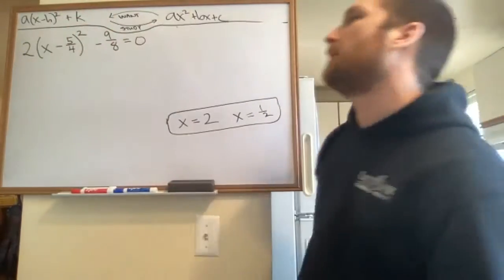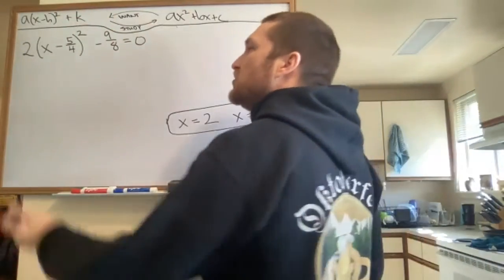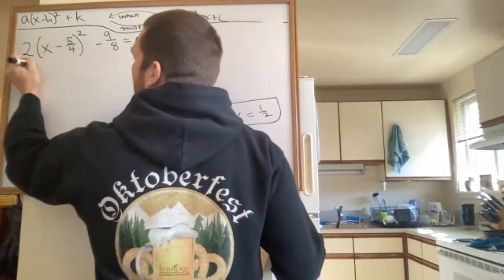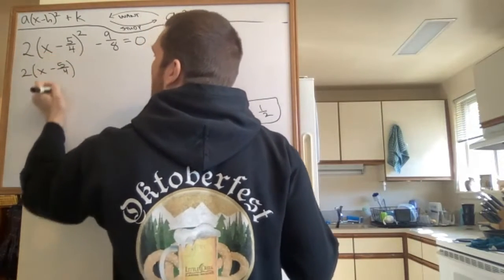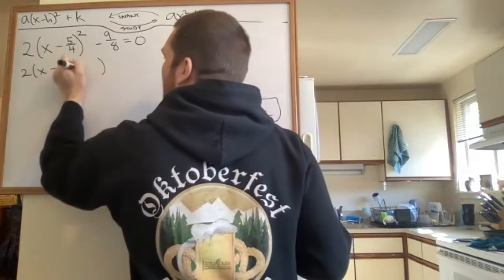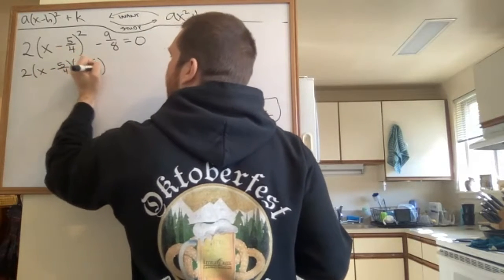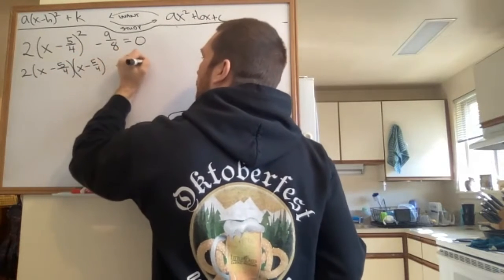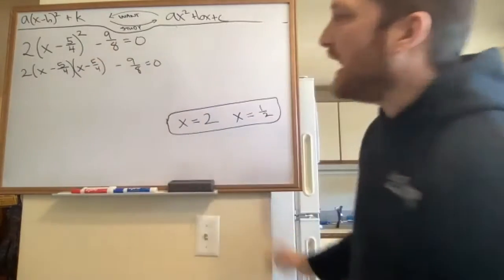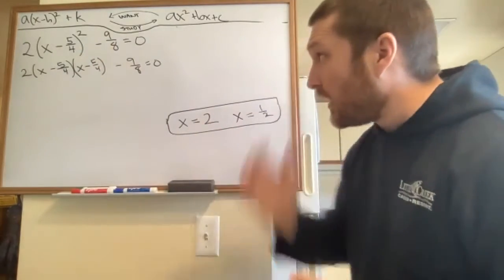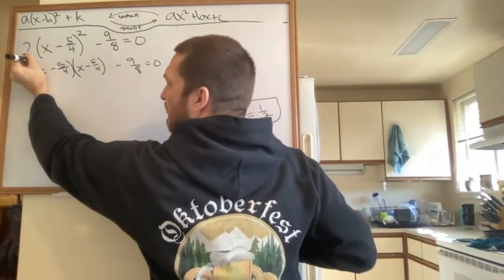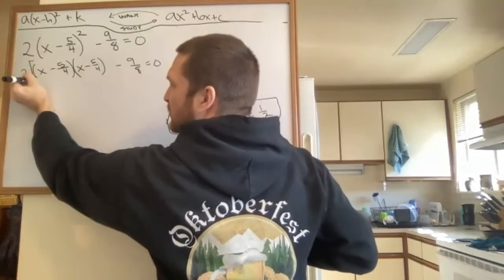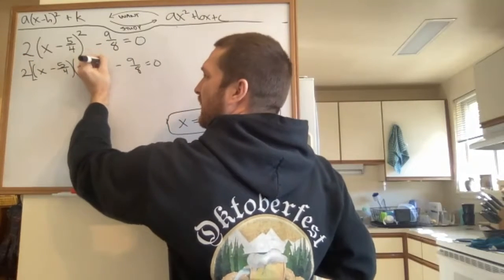We want to notice a couple things. So let's square this out. X minus 5 quarters squared is x minus 5 quarters times x minus 5 quarters. Now, you don't need to do this, but let's not lose sight of what's happening. This is 2 times this entire thing, right?